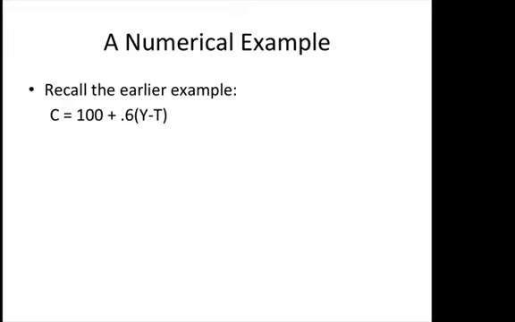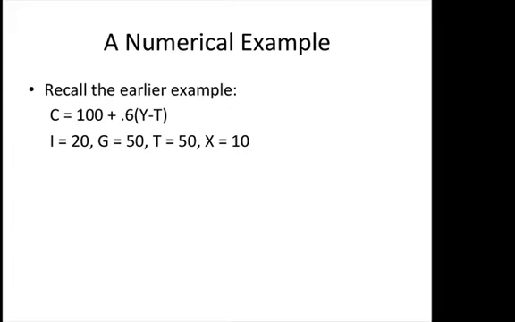And let's work on an example to see that. Recall from the earlier example in the previous presentation that we can express the consumption function as 100 plus 0.6 times disposable income. Again, remember 100 is autonomous consumption, 0.6 is the marginal propensity to consume.